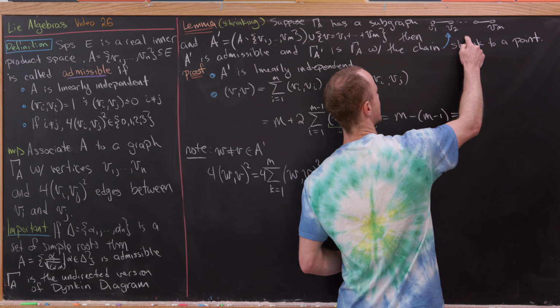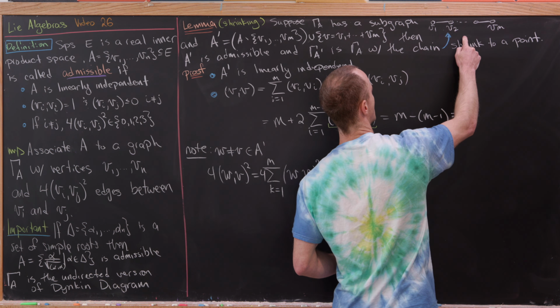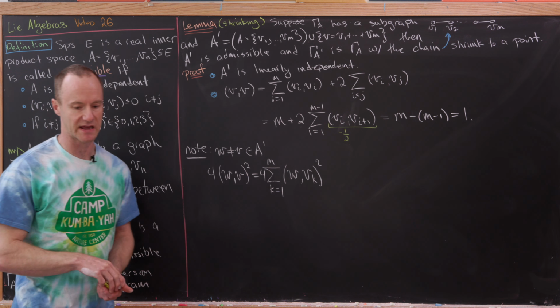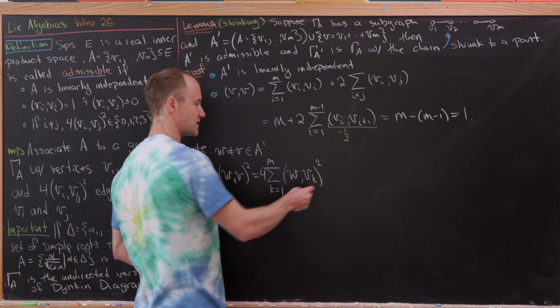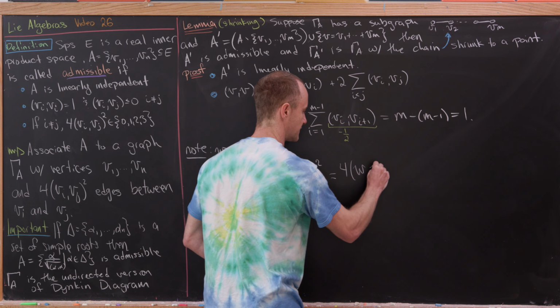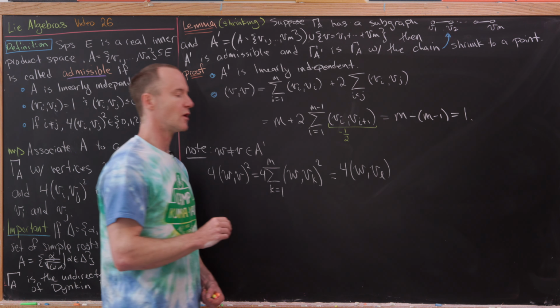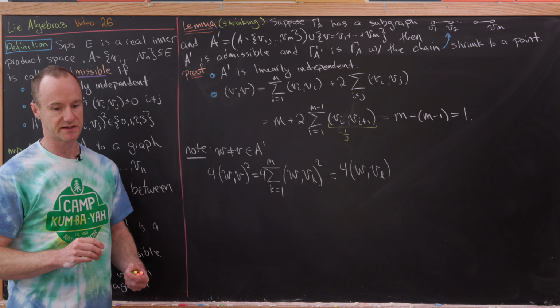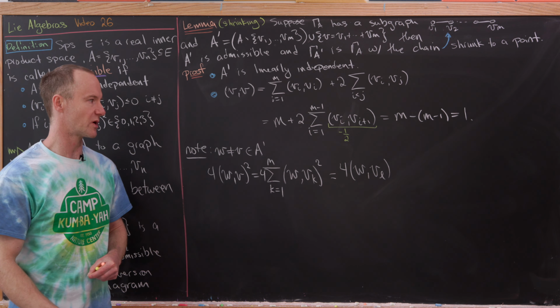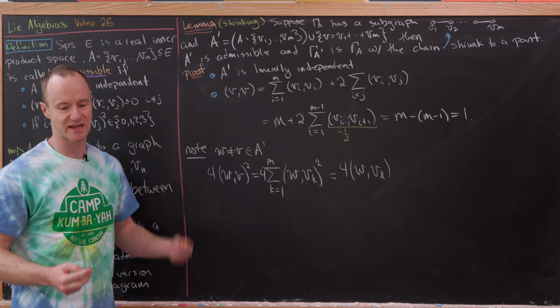Let's pretend up here we had our W and it was connected to V1 and Vm. Then we would have a cycle, which we earlier proved that we can't have. So all of this collapses to 4 times the inner product of W with VL, where VL is the one that's connected to W. Or if none of them are connected to W, then VL is just any of them.